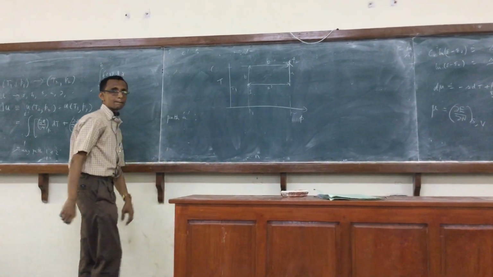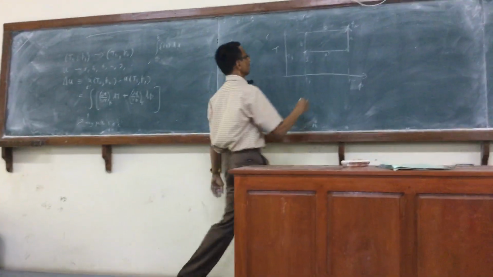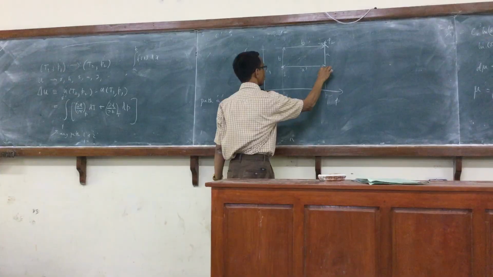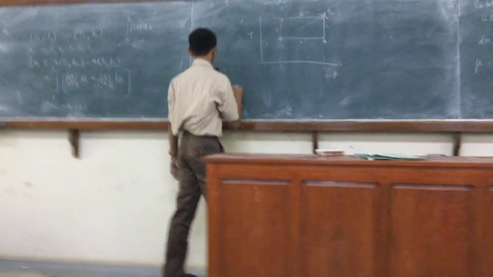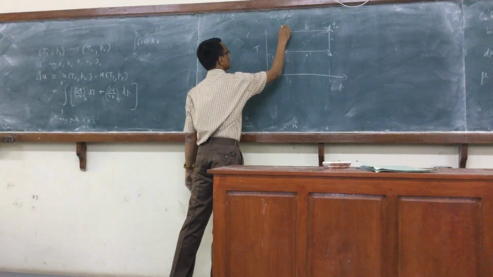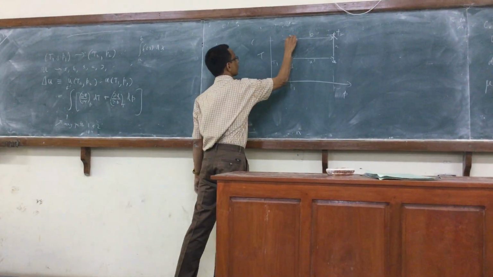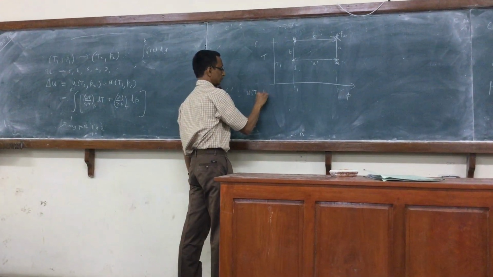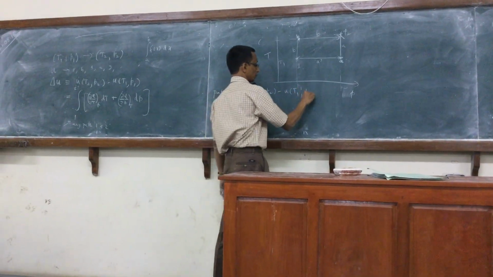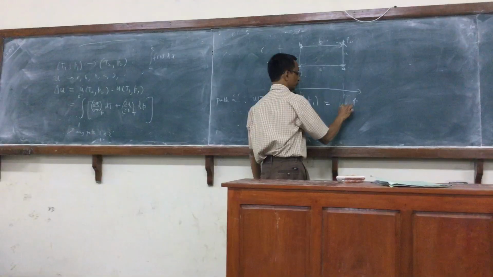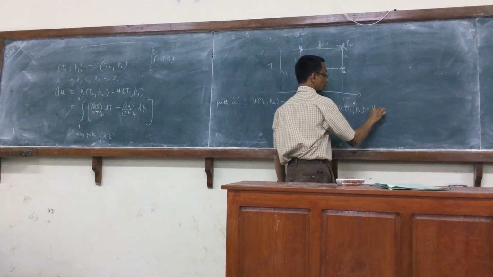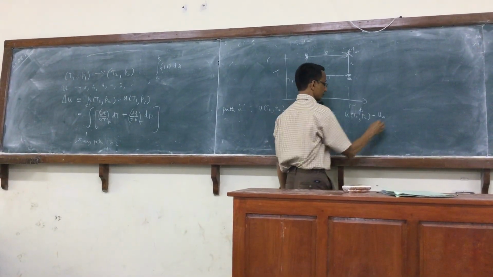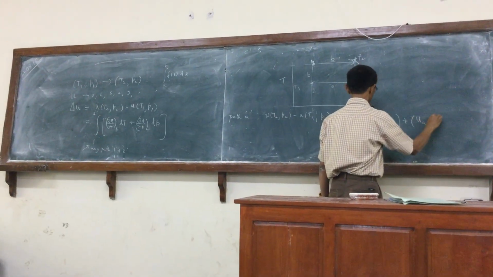Suppose I take path A. I can call this itself A, state A, and I'll call this state B. So I can write for path A, U of T2, P2 minus U of T1, P1 is written clearly as U of T2, P2 minus UA, plus UA minus U of T1, P1.